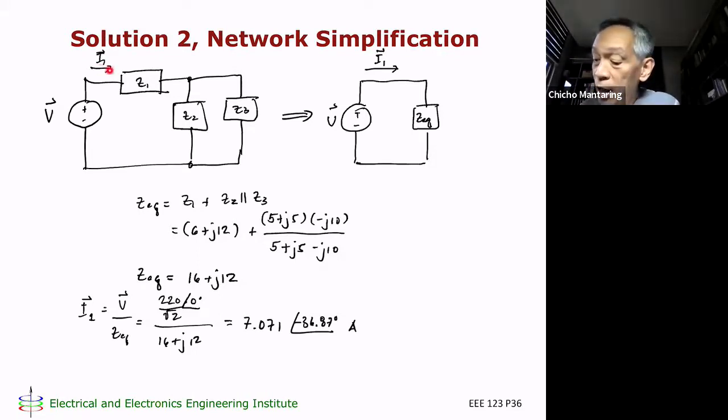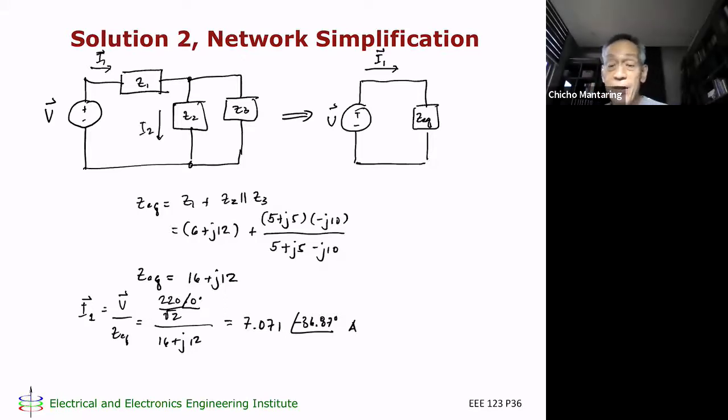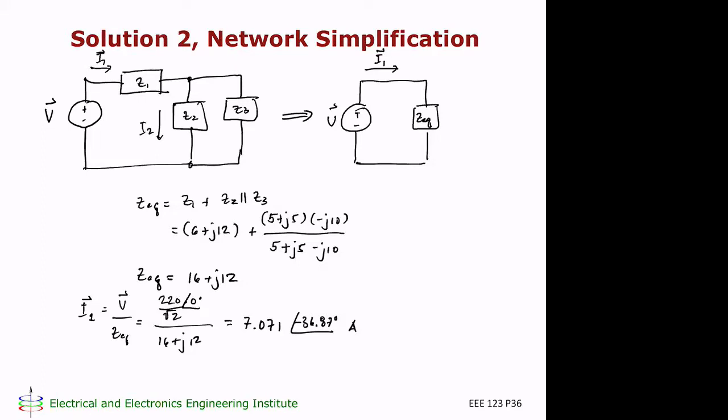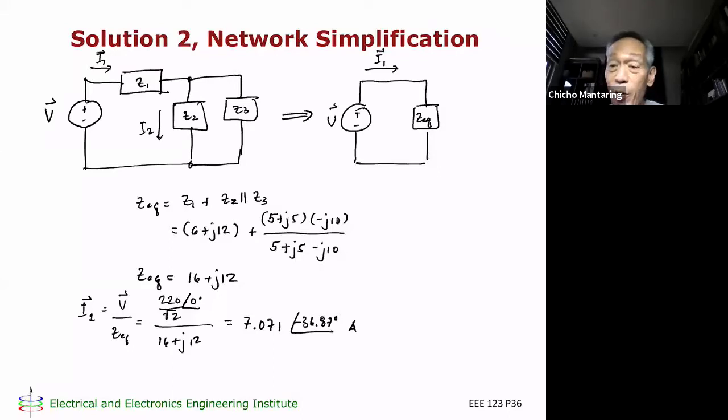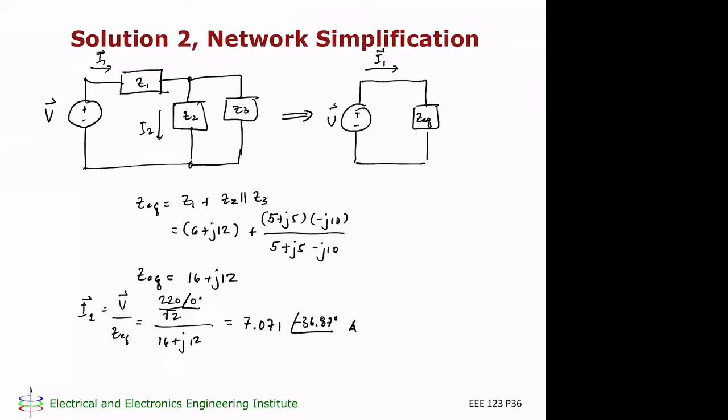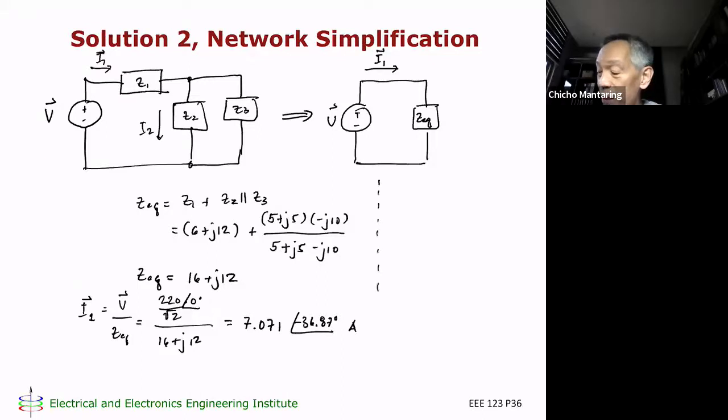Okay, if I know I1, how do I get I2? Any suggestions? KCL? Current divider, sir. Yon, no? KCL pwede, except that hindi ganun ka-straightforward kung KCL. No? Ang tool that you right now can use is current divider. So ano yung expression ko for I2? Ituloy mo, Ivan. What is I2?